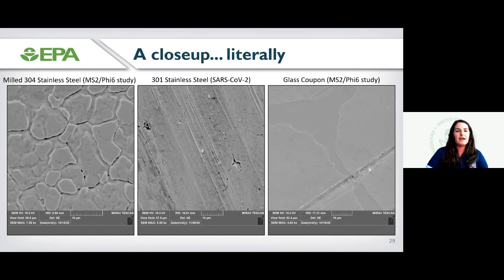You can see that on the left, even though to the naked eye stainless steel looks really smooth, there are a lot of crevices in the stainless steel that we were using that could have been potentially shielding or shadowing some of the MS2 and preventing the light from actually being able to inactivate it. And the image in the middle is a picture of the 301 stainless steel that was used in the SARS-CoV-2 research that we'll touch on a little bit later. So it's somewhat in between the milled stainless steel and the glass. Next slide, please.